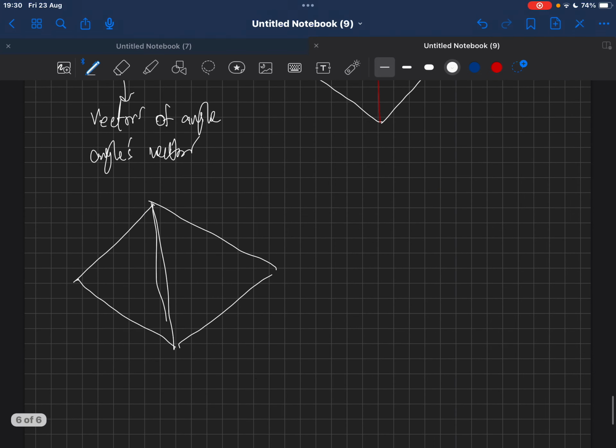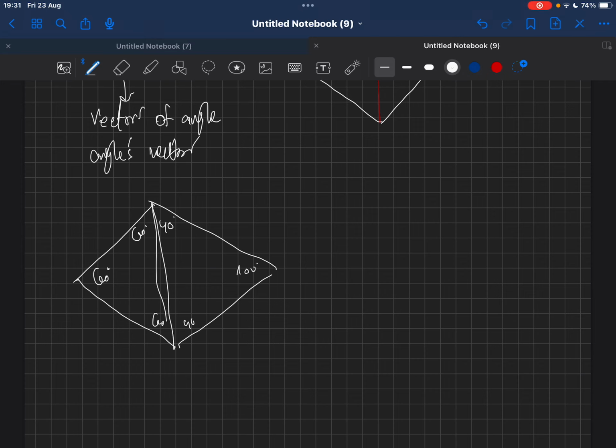Let's look at the angles of this triangulation. So I have here 60 degrees, here 60 degrees, 40 degrees, here 100 degrees, and here 60, and here 40.